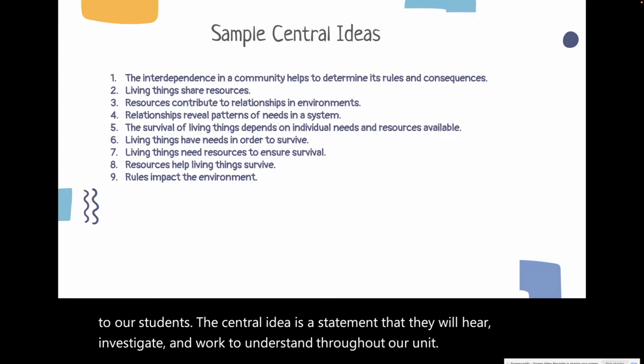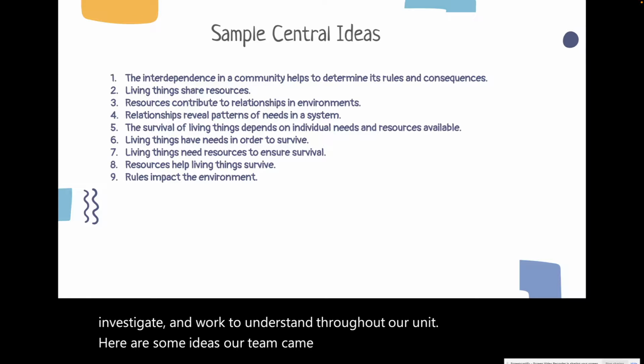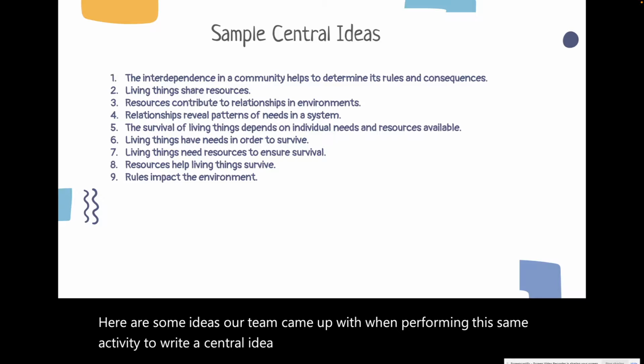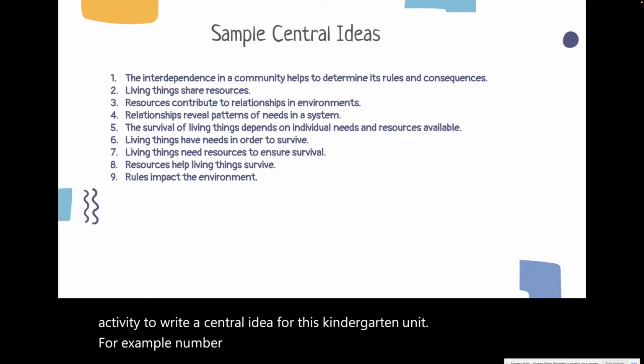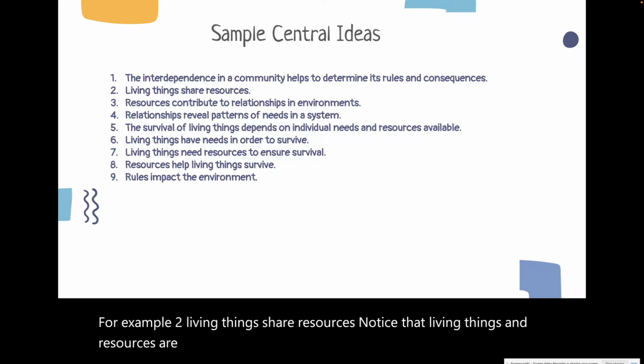Here are some ideas our team came up with when performing this same activity to write a central idea for this kindergarten unit. For example, number 2, living things share resources. Notice that living things and resources are both concepts, while share is a strong verb.